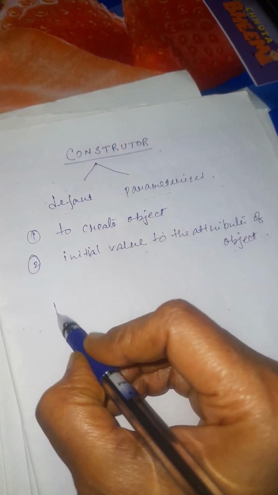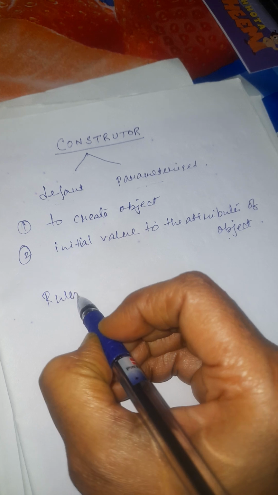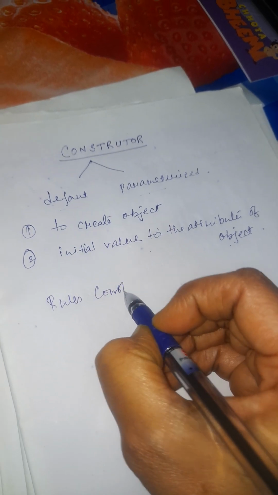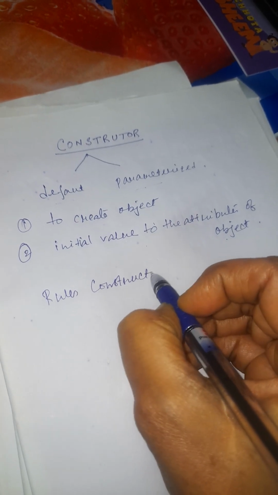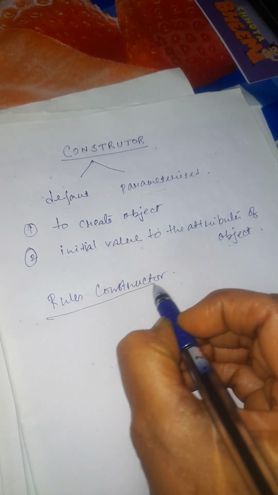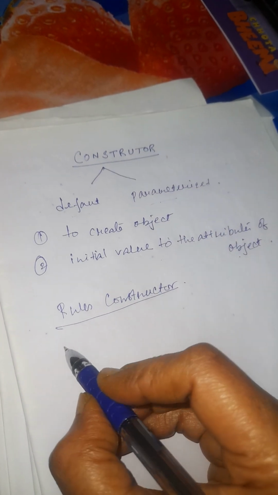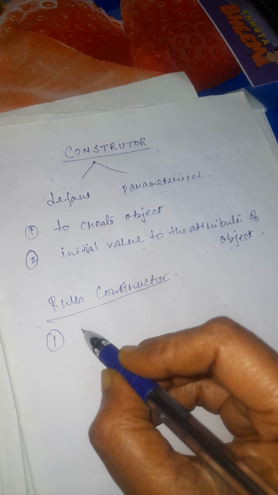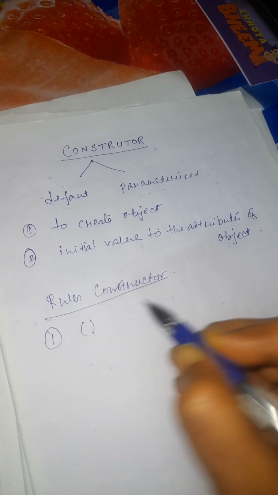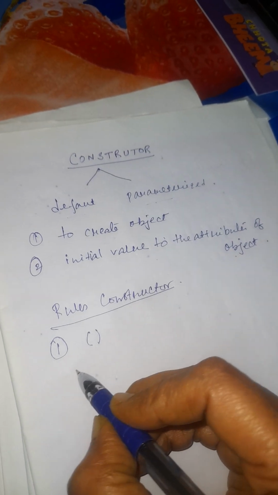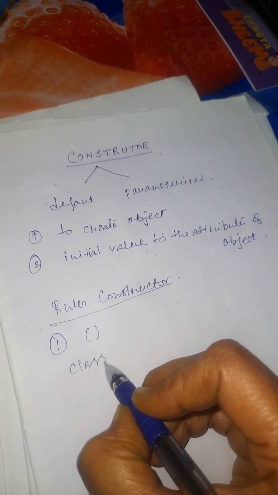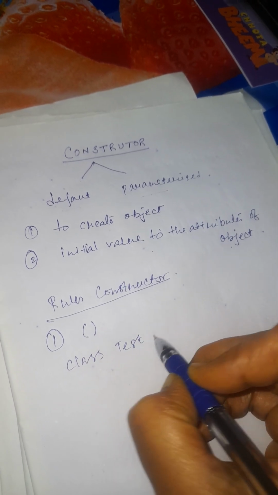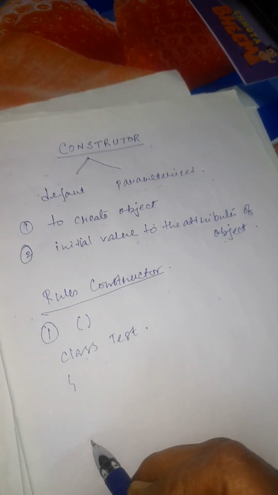Now, what is the rules to declare the constructor? There are some rules you have to maintain when you create the constructor. First point, constructor is just like a method. Method means always we have to put the symbol this one. So maybe my class is test. This one is maybe class.